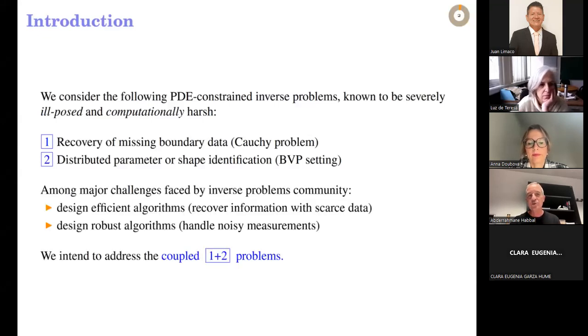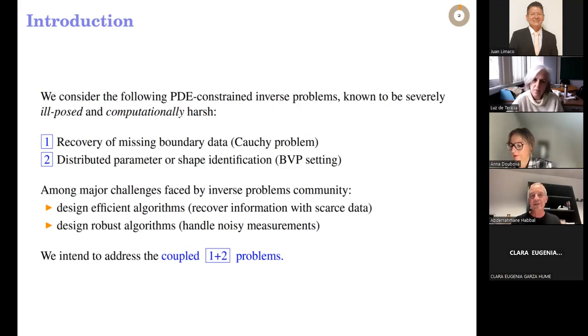For these two problems, among the most challenging tasks faced by the inverse problems community, apart from the theoretical questions, is how to design efficient algorithms that can handle only a small amount of measurements, and with these measurements recover the missing data or the unknown distributed parameters.